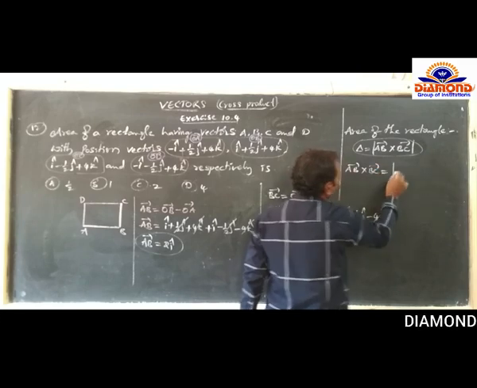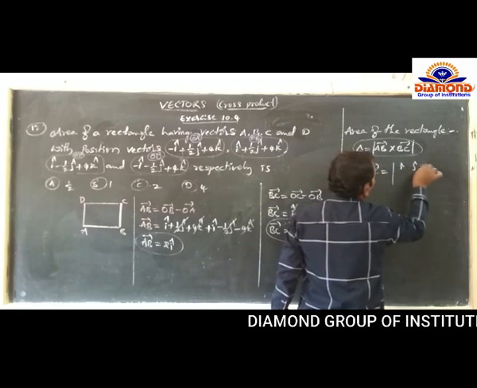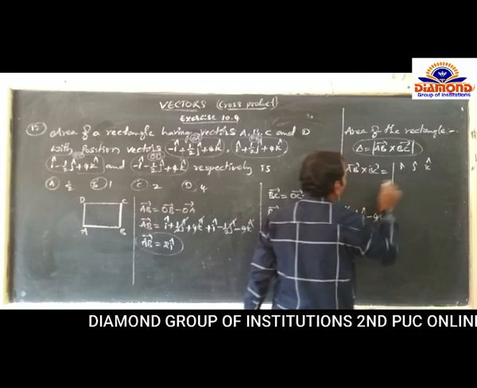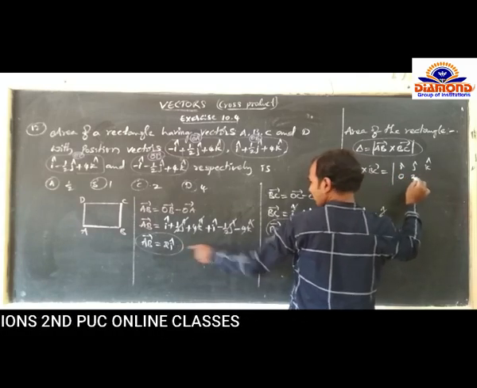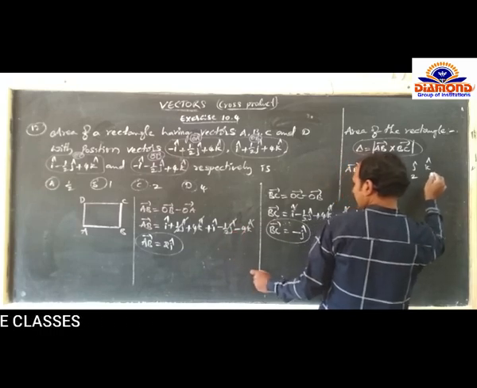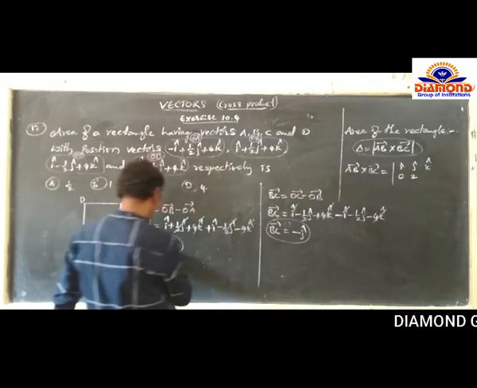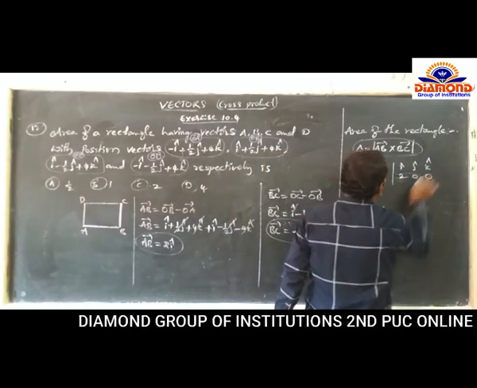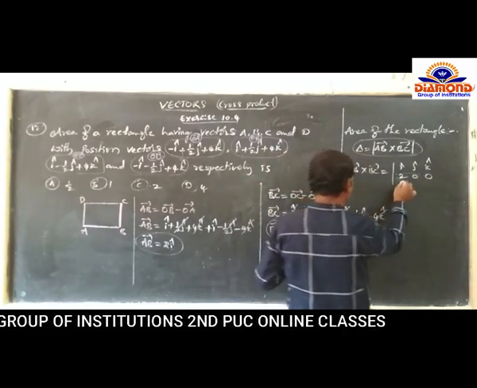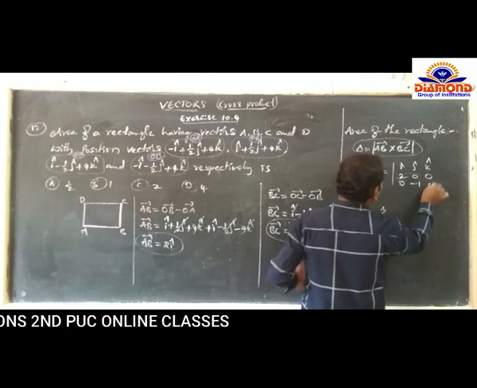It equals the determinant of I cap, J cap, K cap; 2, 0, 0; 0, minus 1, 0.